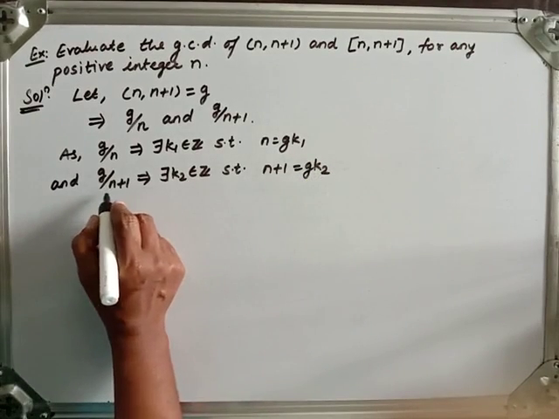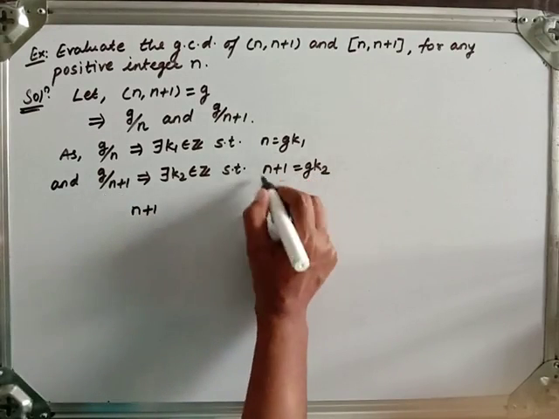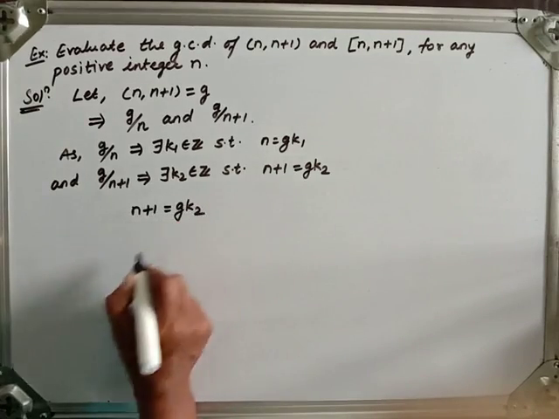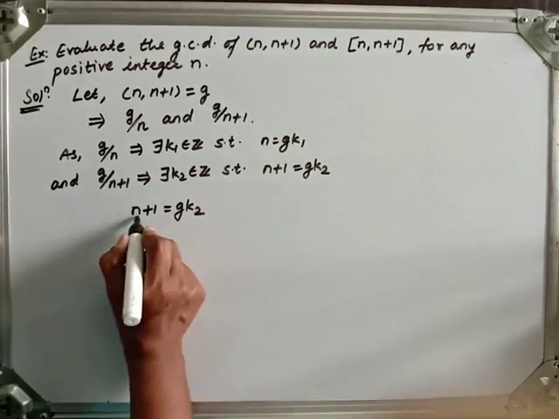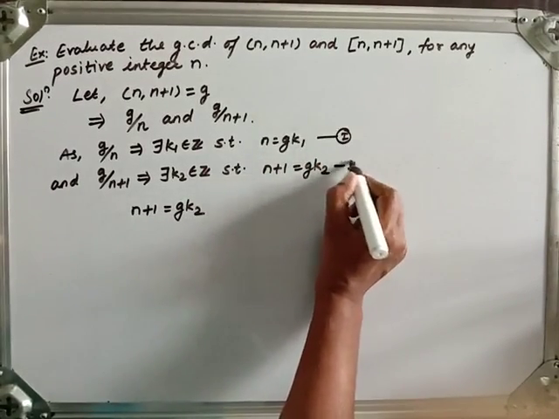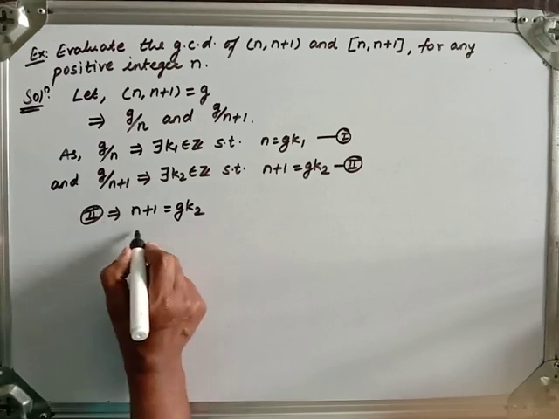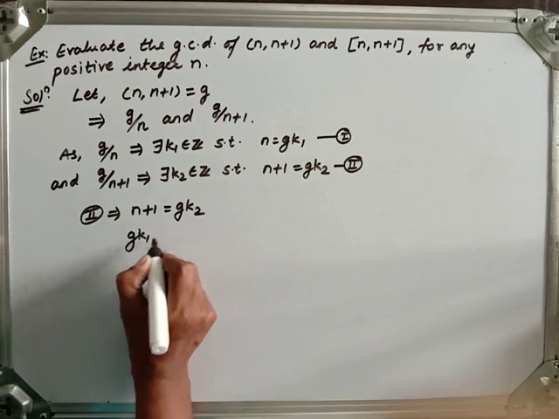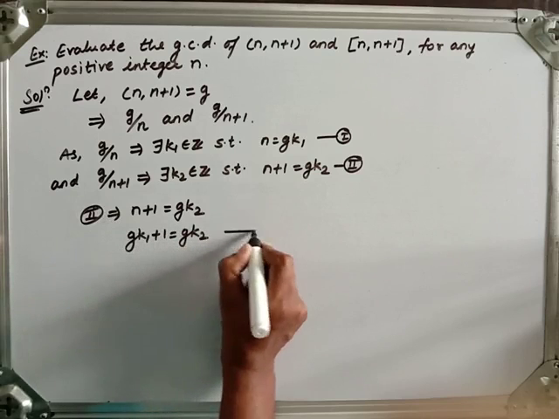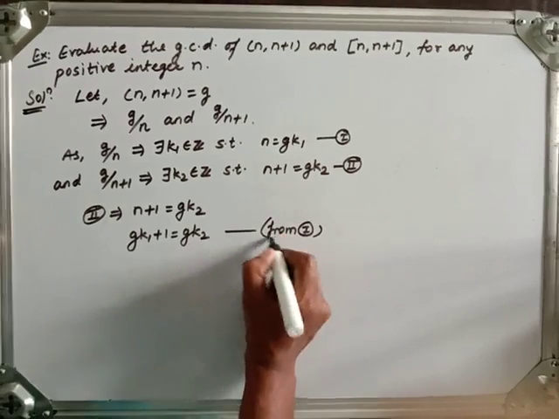Now n plus 1 is equal to G into k2. So let me put the value of n from equation 1. Now it will be G k1 plus 1 is equal to G k2, fine.